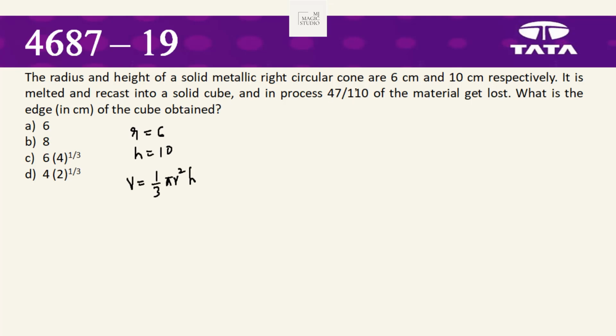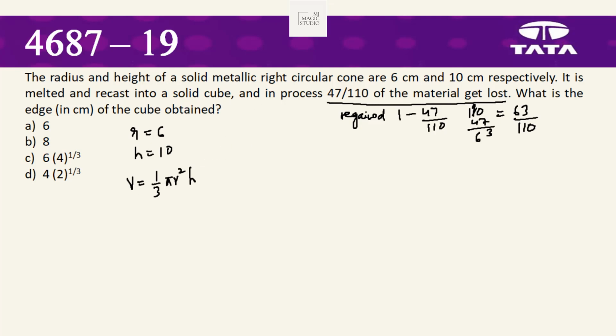And in the process, 47 by 110 of the material gets lost. Then how much part is regained? It is 1 minus 47 by 110. 110 minus 47 is 63. That would be 63 by 110 part is recovered.